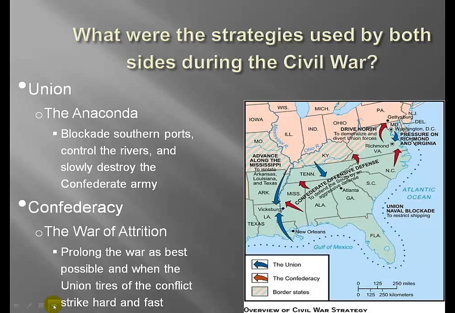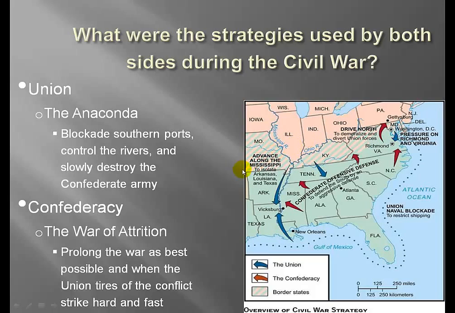The longer they could hold out, the more the people of the North would get tired of the war, and they would start to sue for peace. One thing the South also had going for it, if you study military history, was interior lines of communication. The South did not have to travel very far to get supplies and troops to any spot, where the North, being the surrounding army, had to move troops and supply greater distances.